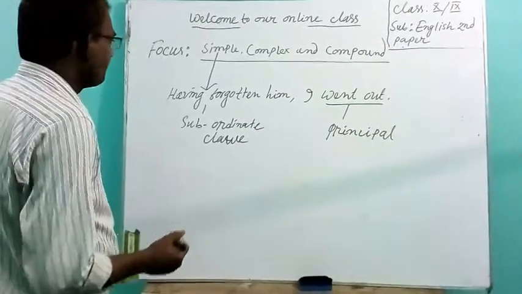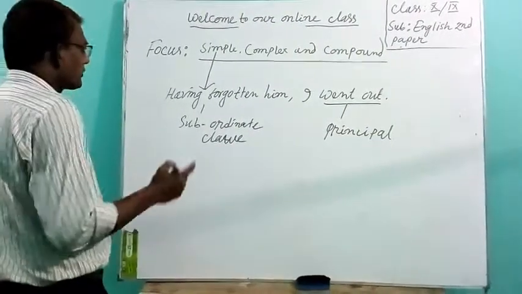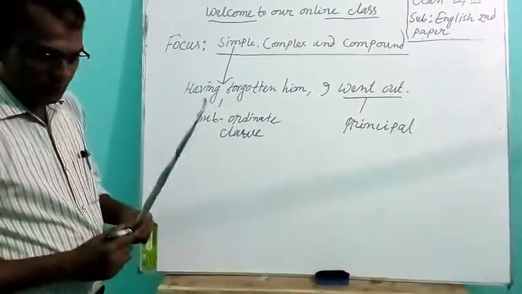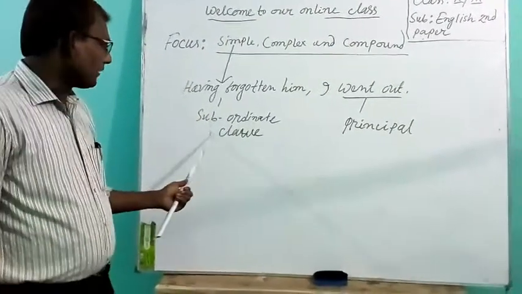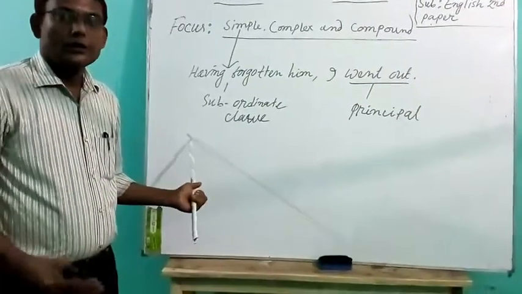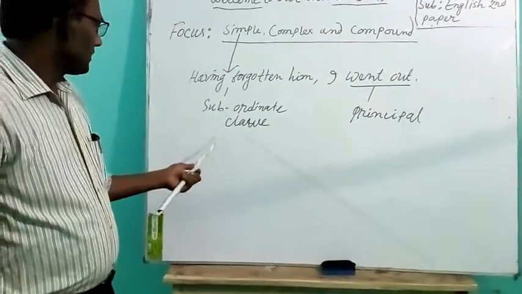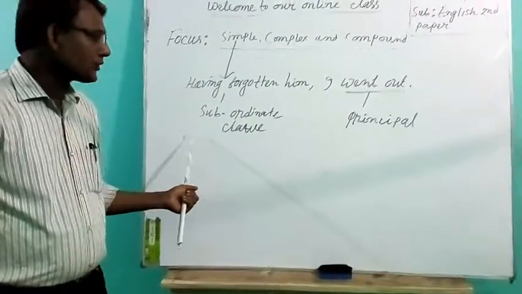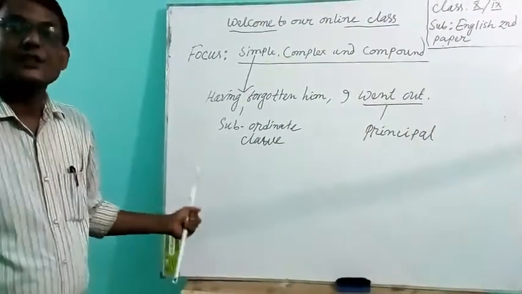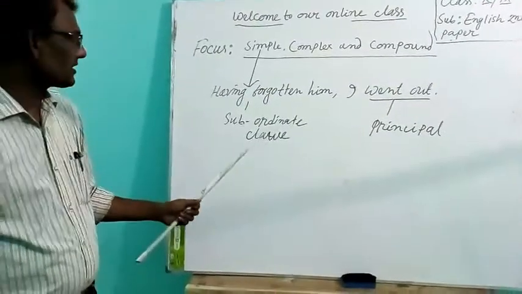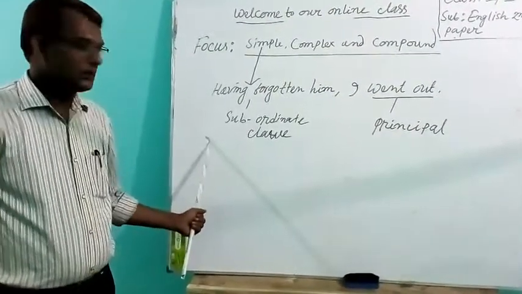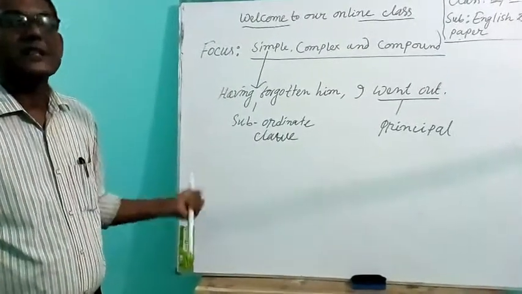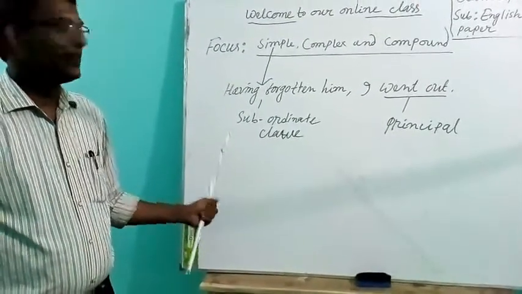And if we want to change, dear students, having forgotten him, you have to know that subordinate clause also means dependent clause. A dependent clause cannot express its meaning clearly.